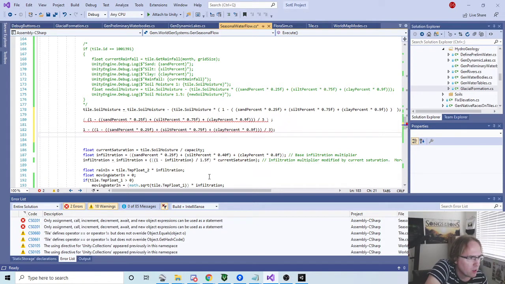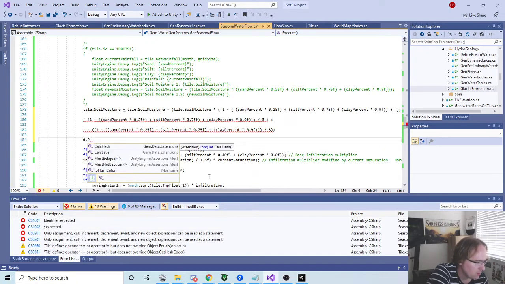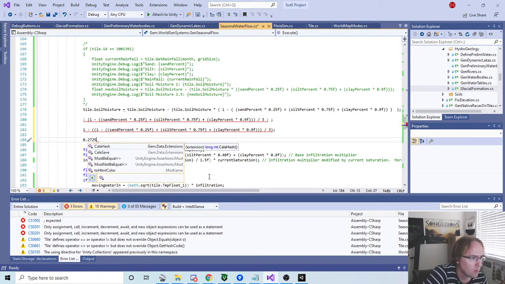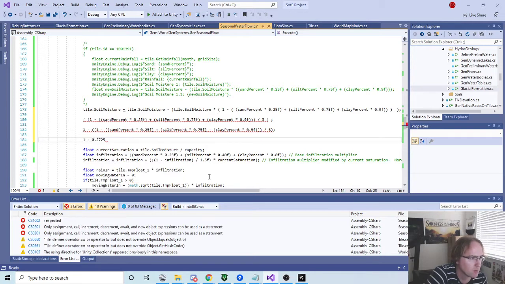Okay, so sand percent 0.25. So let's say 0.1825. 1 minus 0.1825 divided by 3. And that should be our water loss. So extremely sandy soil would lose about 28% of its water.